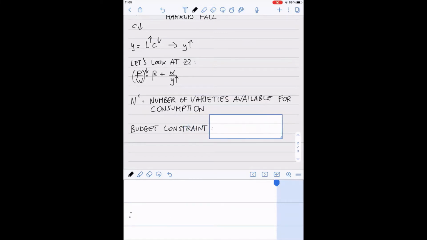Well, we know that our income, the wage, is going to be equal to the total consumption. What do we consume? Well, we consume a certain number of units C for each variety, which we pay at a price P, and we consume N_C varieties.